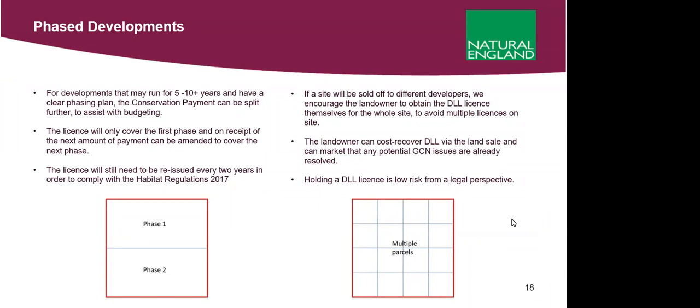So recognizing that development can take a long time, and it can be phased in such a way, we're looking now to split that conservation payment in accordance with those phasing, which helps with the budgeting for the developer.